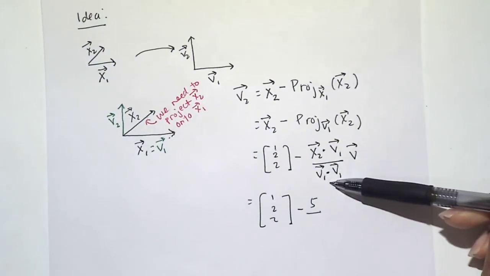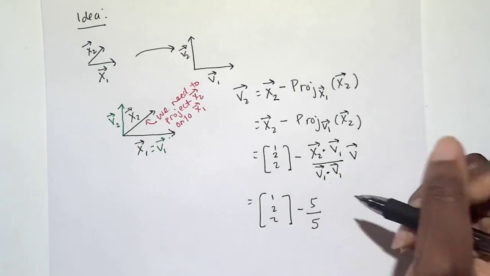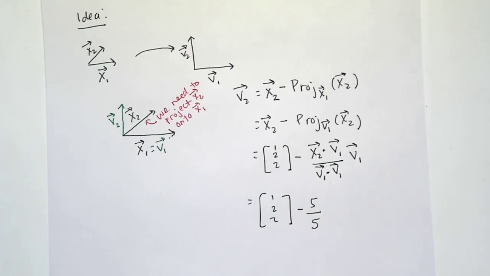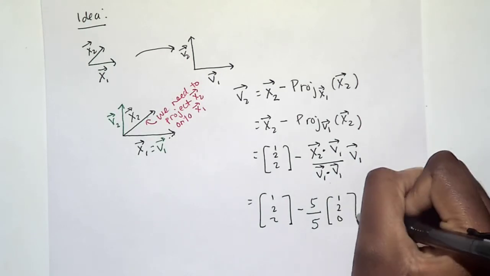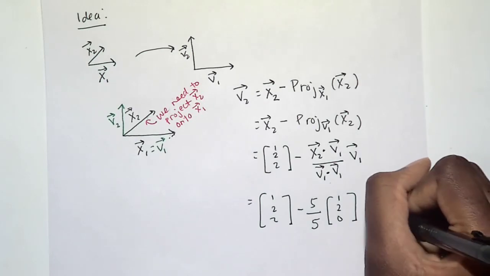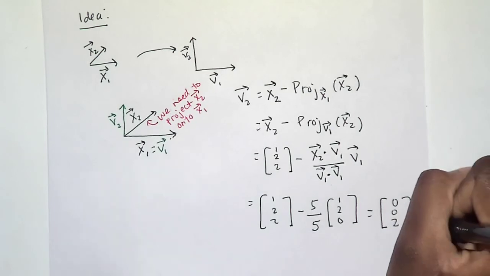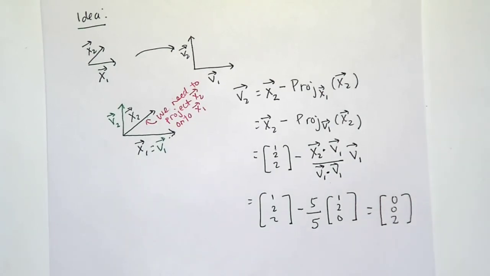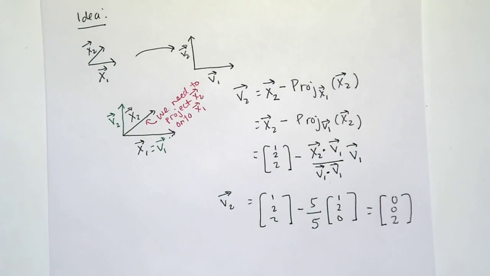Then dot product V1 with itself, we also get 5, and then multiply by V1 as well. This gives us 0, 0, 2. And that's our second vector.